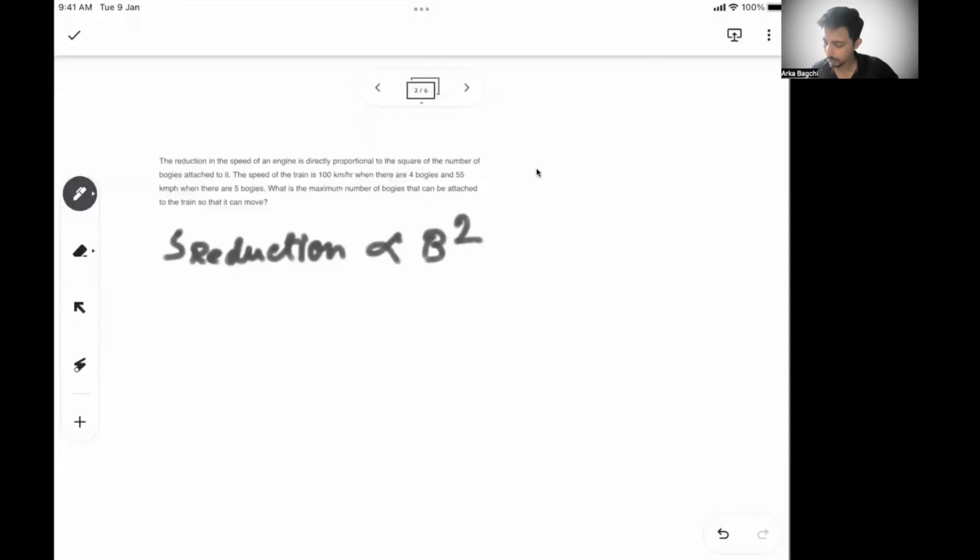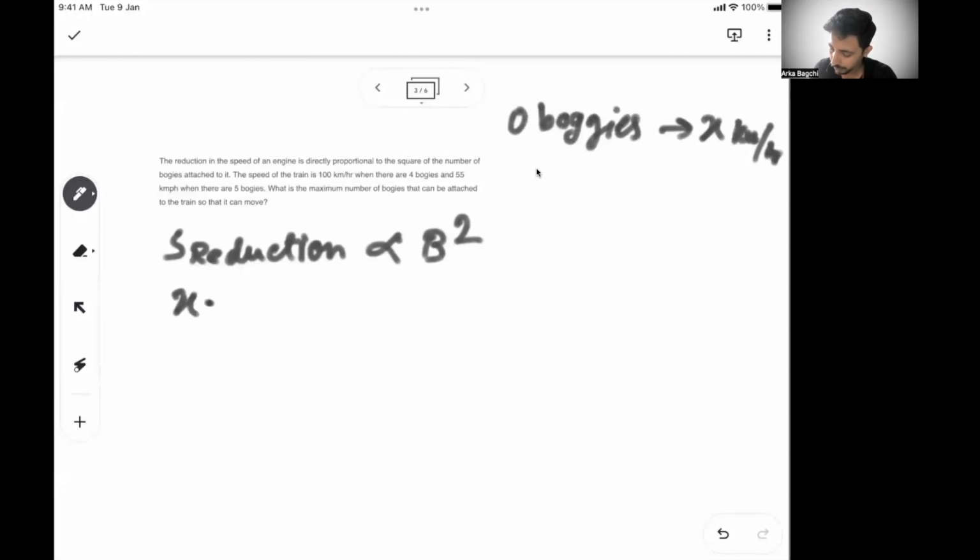If you see, we're talking about the speed reduction. To understand speed reduction, they have given the speed of the engine is 100 kilometer per hour when there are 4 bogies. That means some speed reduction has happened because of the 4 bogies attached. Let's say with 0 bogies, the speed is x kilometer per hour. X is basically the speed without any bogie.